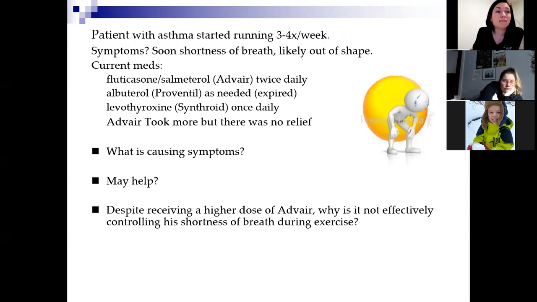Exercise-induced asthma is kind of where I was going with that. The fact that the Advair isn't really helping, I don't know. I don't really like this question, to be honest. Despite receiving a higher dose of Advair, why is it not effectively controlling the shortness of breath during exercising?